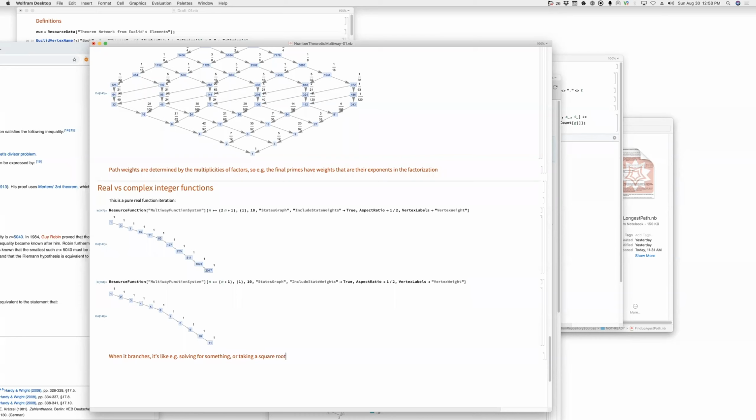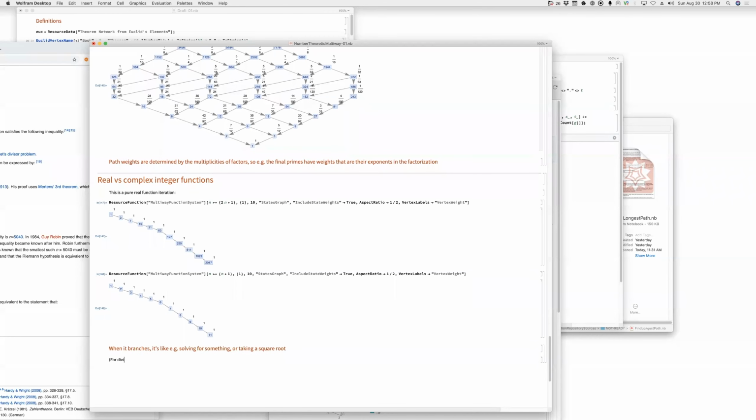I mean, so in the case of divisors, for the divisor multi-way function, it's like solving for what divides, right? Right. But then once you have the multi-way system, you have everything.